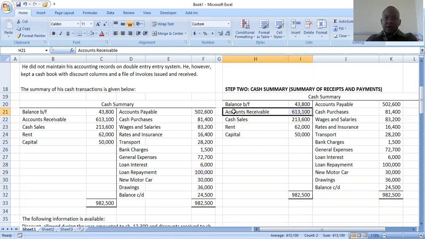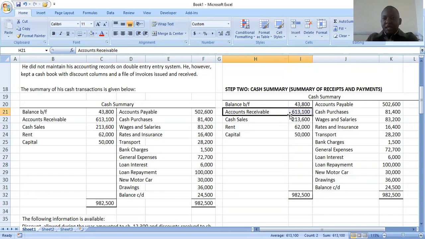The accounts receivable, also known as the debtors, this amount has been debited in the cash book. This signifies that the debtors paid the business, so the cash book is debited, and they were supposed to credit the debtors account.